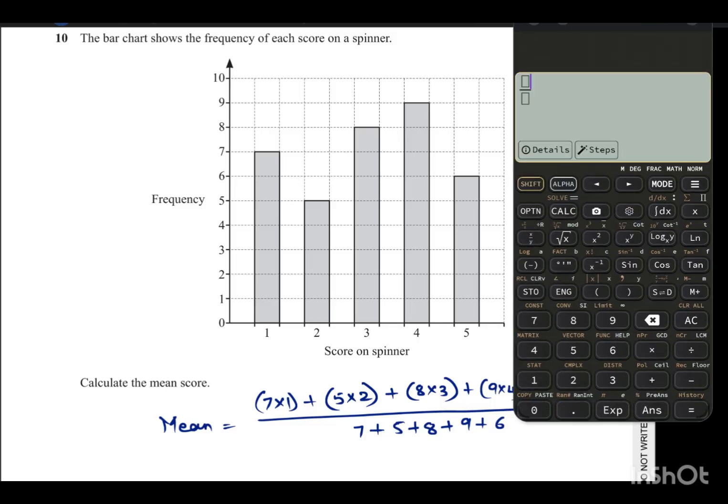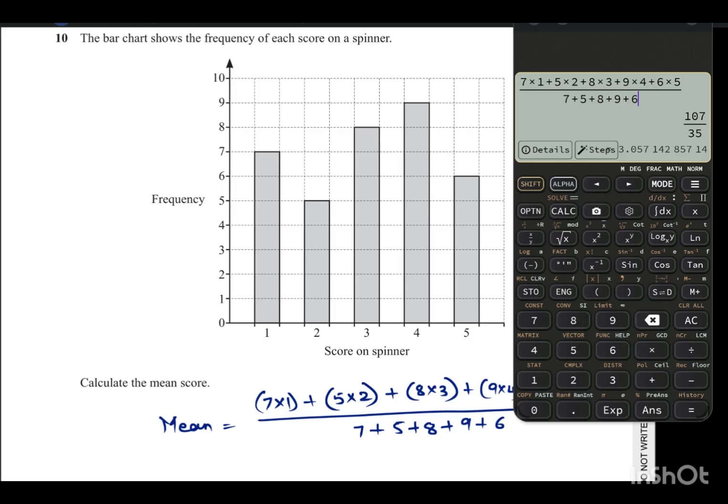Do it. 7 into 1 plus 5 into 2 plus 8 into 3 plus 9 into 4 plus 6 into 5, divided by 7 plus 5 plus 8 plus 9 plus 6.